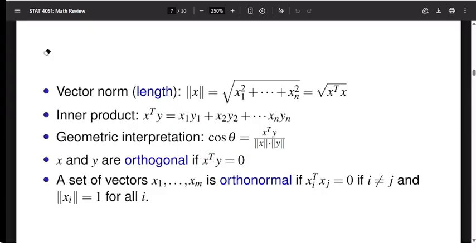In statistical machine learning, we also talk about orthonormal. I want to recall that in your basic statistics, you've come across what we call the standard normal distribution. When a random variable follows a normal distribution, it has a mean and variance, right?